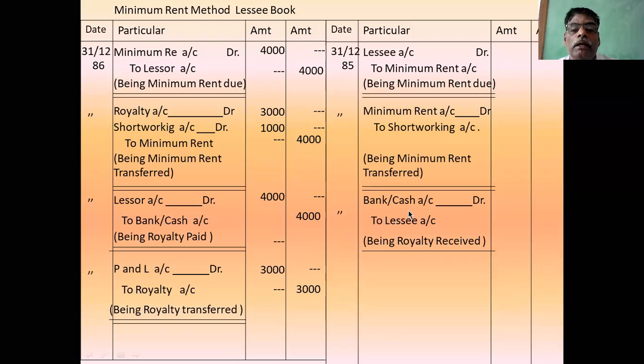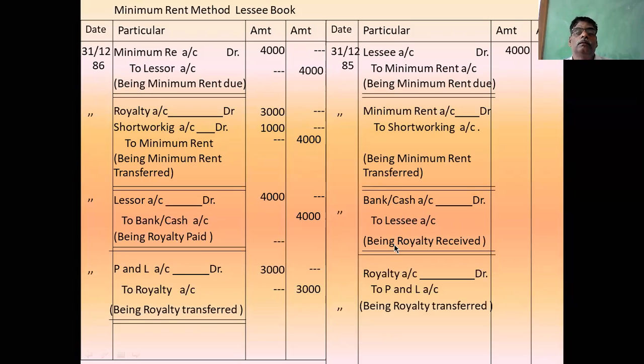Then bank account debtor, lessee account debtor to royalty account. You see here, opposite of this, opposite. Then fill the amount. 4000 is the minimum rent.